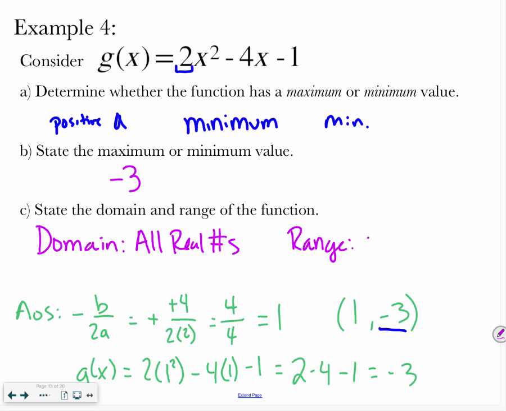So in this case, we have y, and we know it's going to have something to do with that negative 3, but is y going to be greater than or less than or equal to 3? If we have an upward parabola, that means my vertex is here, so all of my y values are going to be above it. So y is greater than or equal to that negative 3.